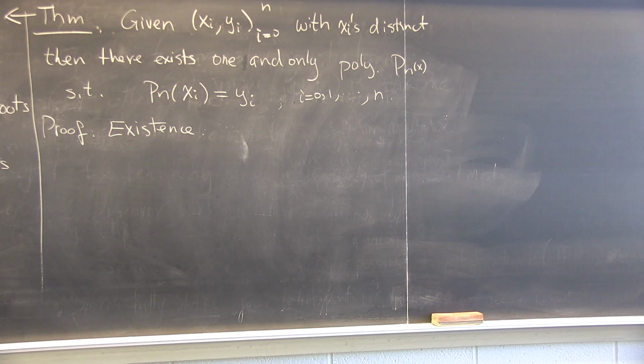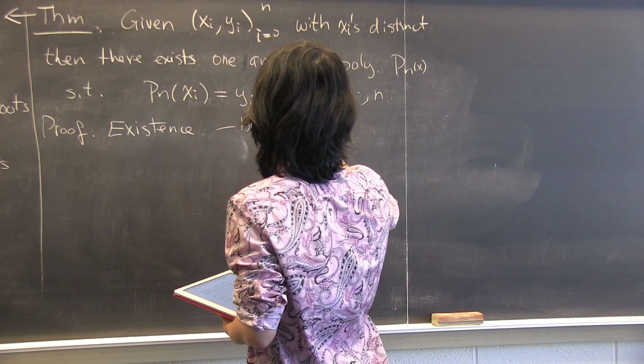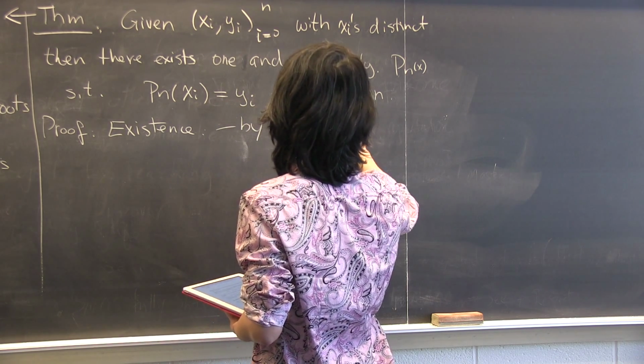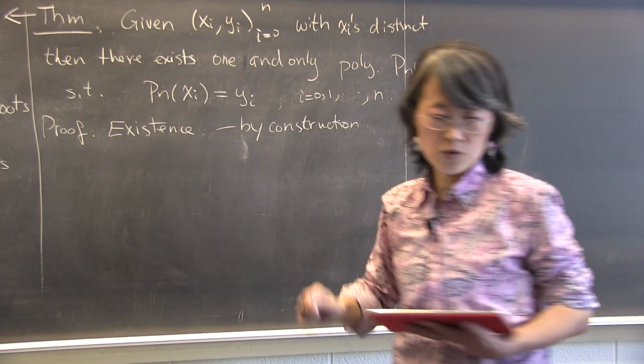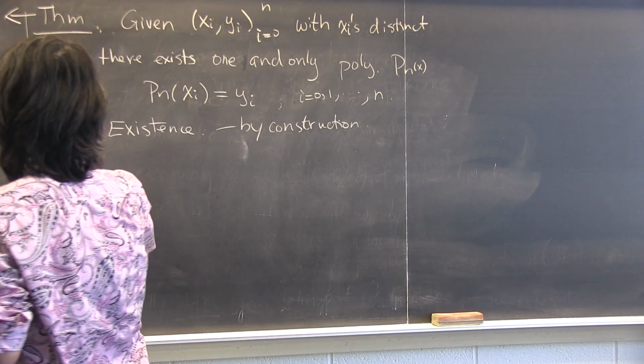Throw in the Lagrange form, you can write it out. That one works. Or Newton, or the Vandermonde matrix. So by construction, I know that it always exists, no worry. So no proof. I already know I have 3 methods that I can construct these polynomials. So the thing that needs to be proved here is the uniqueness.